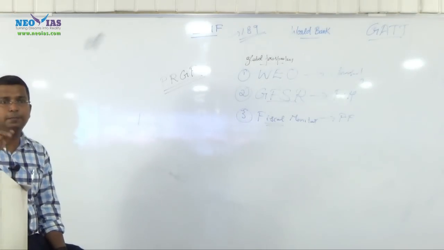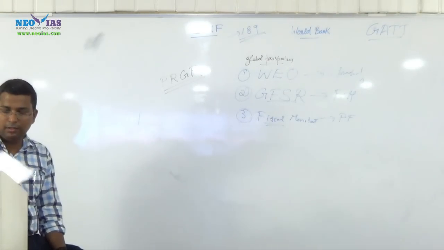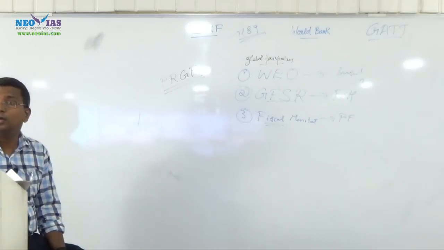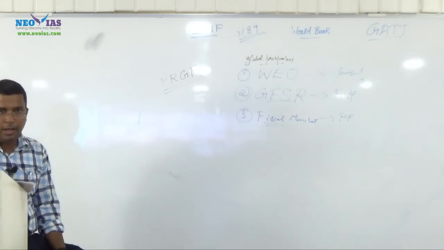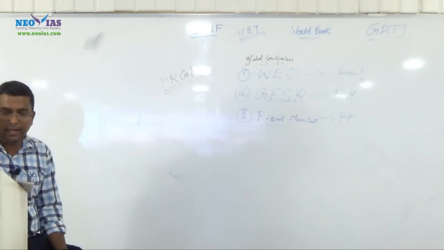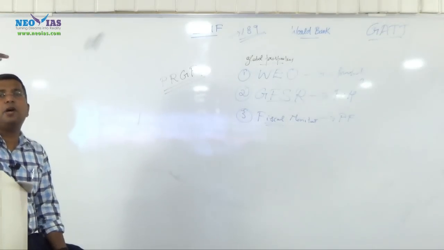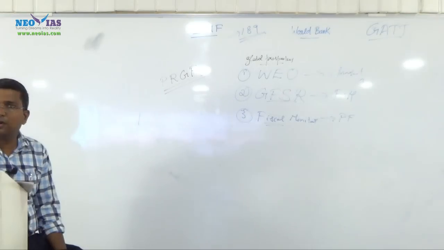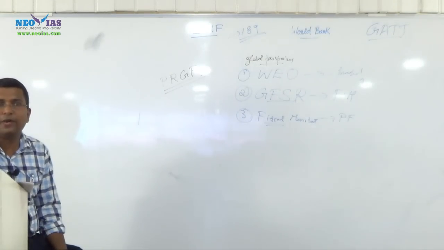Have you seen a figure? Page number 3 or 4? Page number 2, okay. In page number 2, have you seen a figure? In that figure, in short, you will understand the governance structure of IMF, in the sense that the top one is the Board of Governors. Board of Governors is the highest decision making body of IMF.